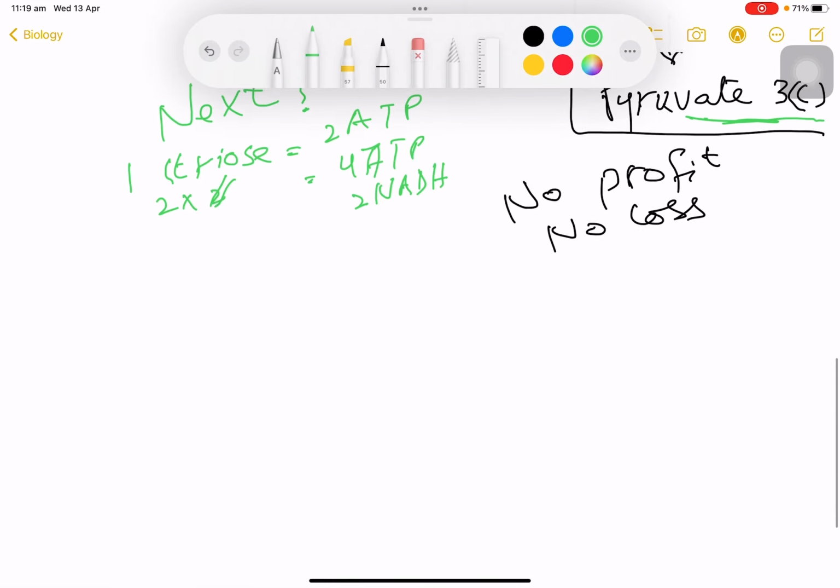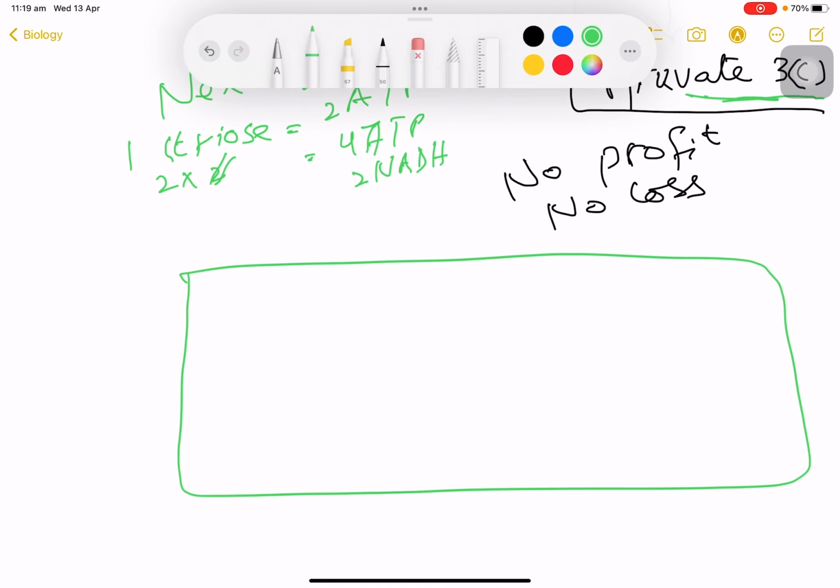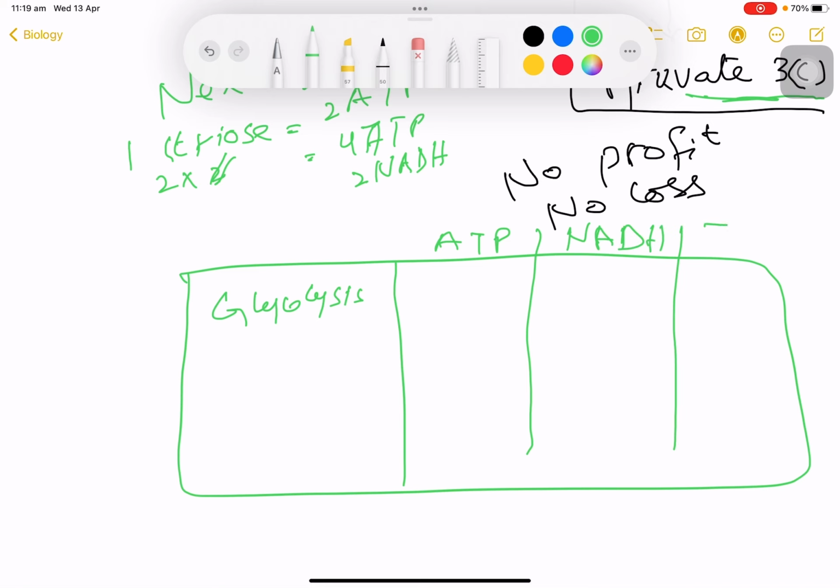We will make the table of the energy budget. Let's suppose here I am writing glycolysis, number of ATP, number of NADH and FADH. 4 ATP, 2 NADH, there is no FADH.